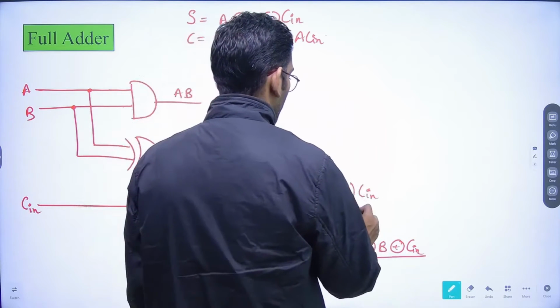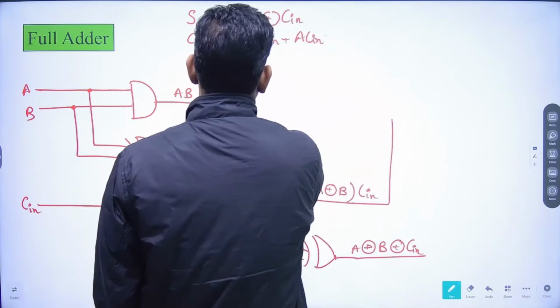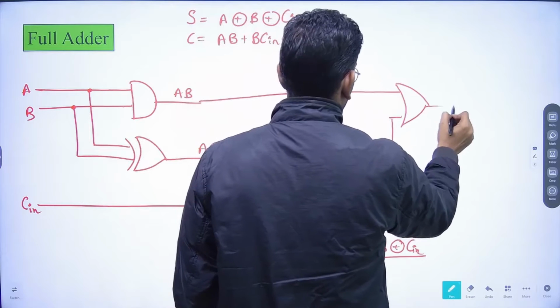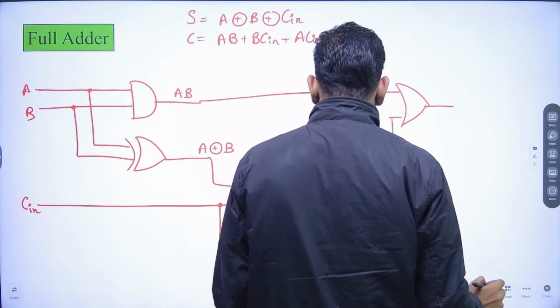Now this and this need to be ORed. These two need to be ORed.